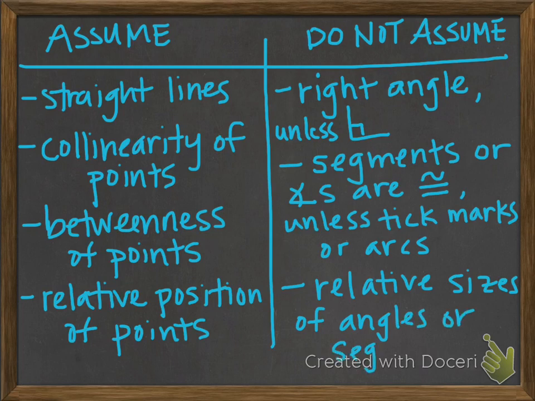Some of you also might have heard your teachers say that pictures are never drawn to scale. If they're on a coordinate grid and the scale on the X and Y axes are the same, they are drawn to scale. Otherwise, we never want to assume. Here's what I mean by that.